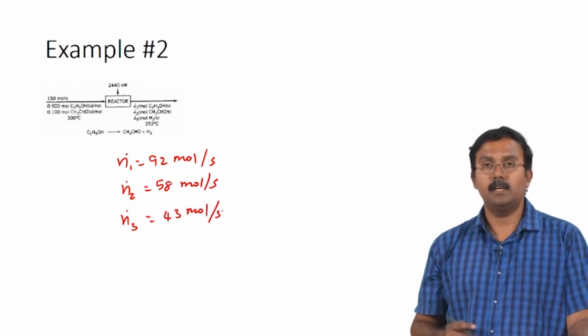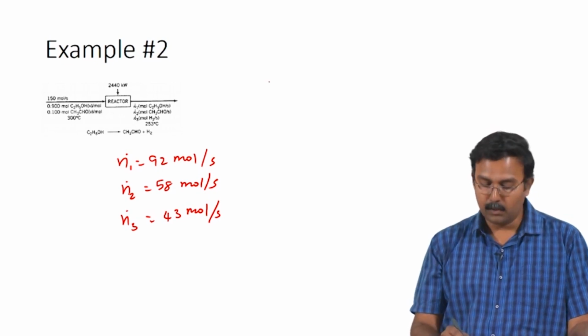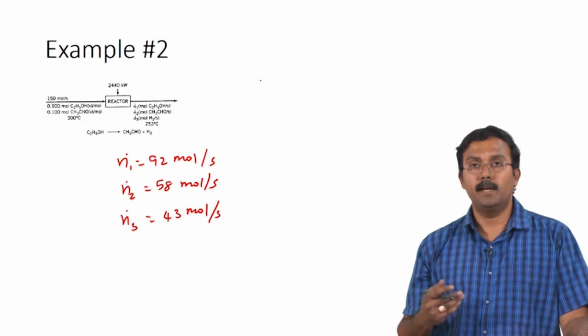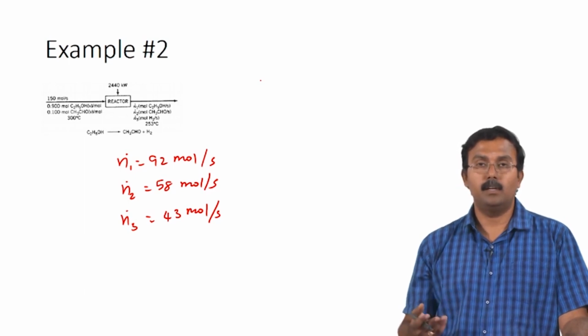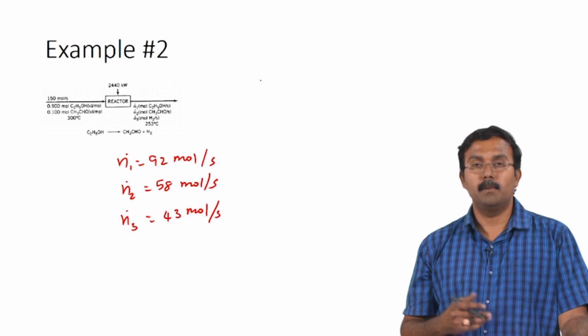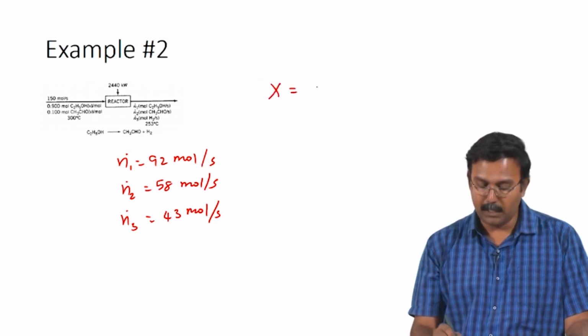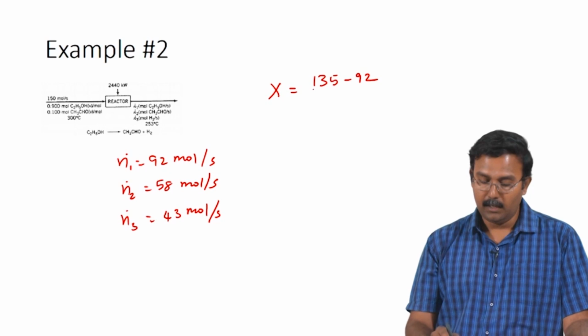So, we need to calculate the conversion of ethanol. So, conversion is defined as amount consumed divided by amount fed. So, if you want it to be in terms of percentage, we will multiply it with 100. So, here conversion X would be equal to 135 minus 92, which is the consumption of ethanol.